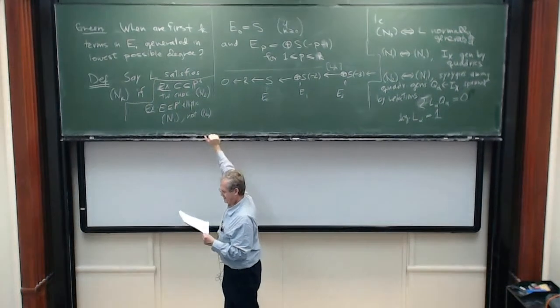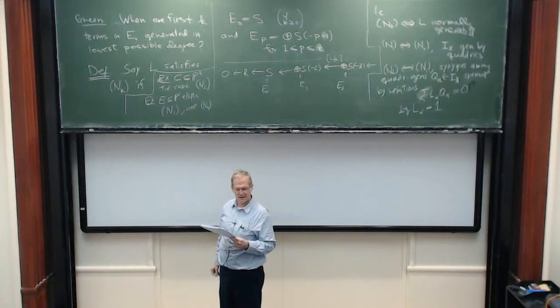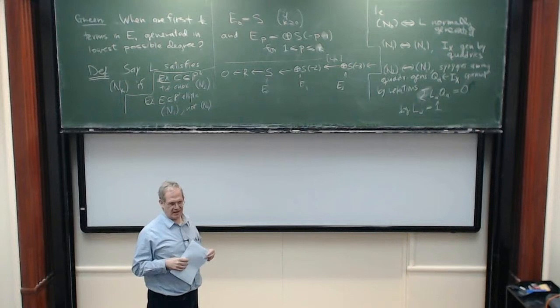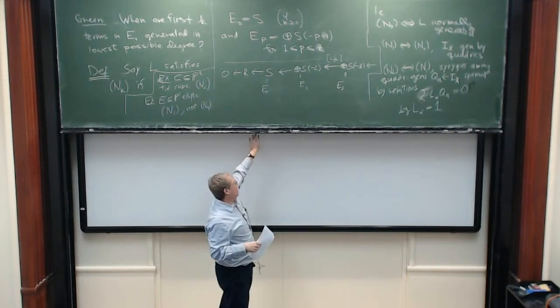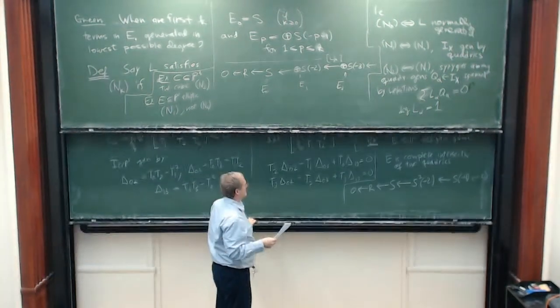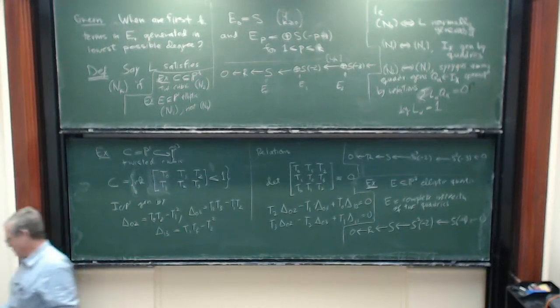Okay. Yeah? Well, it was really Mark Green that introduced the idea. Sometimes it's called Green, but I think the actual vocabulary was introduced in a paper of him and me.